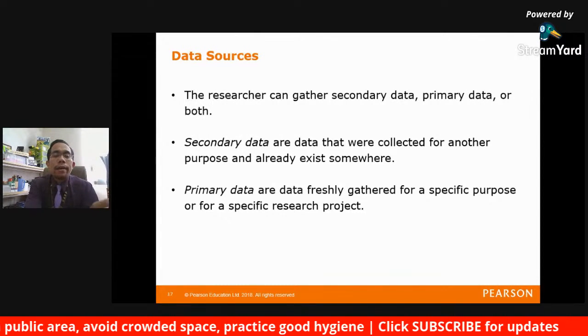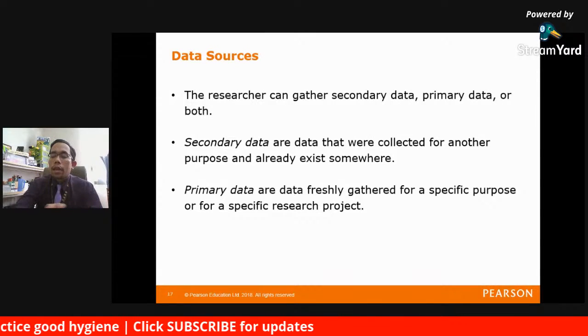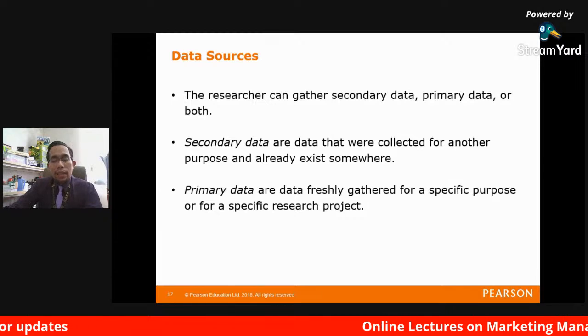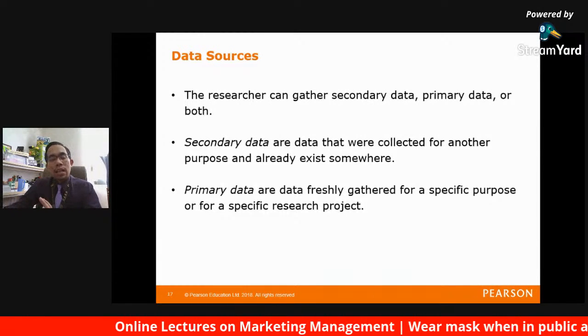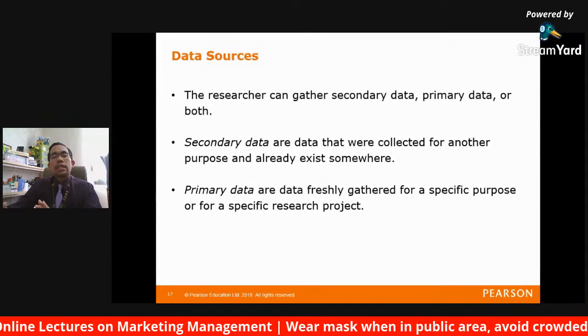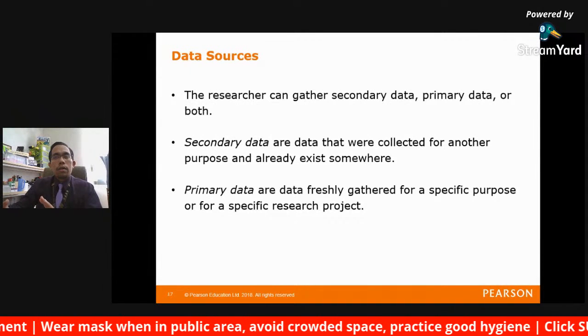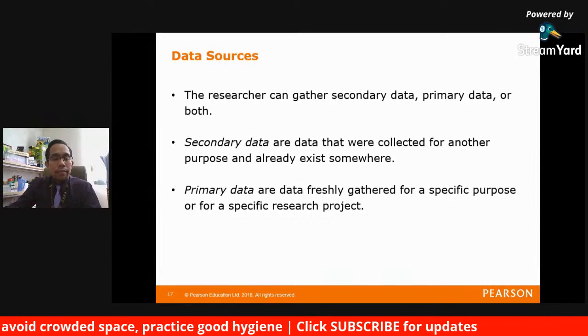Primary data is freshly gathered, either quantitatively or qualitatively. Qualitatively, normally we get general insight. Quantitatively, the data that we collected has some meaning.